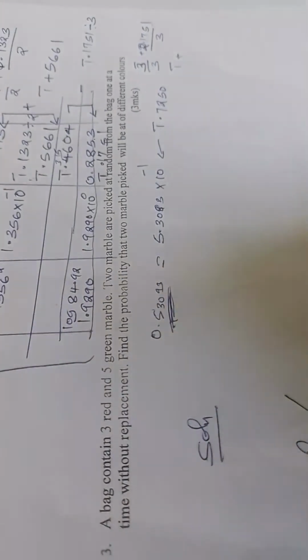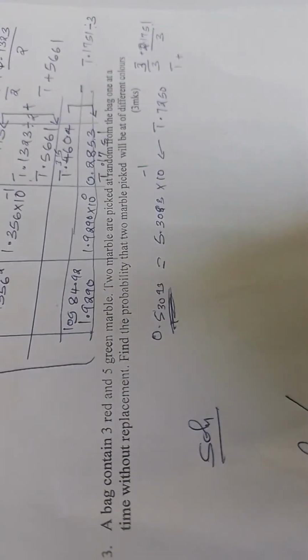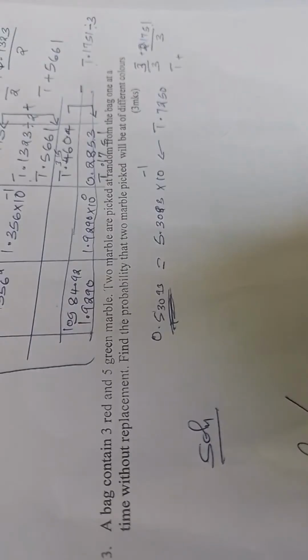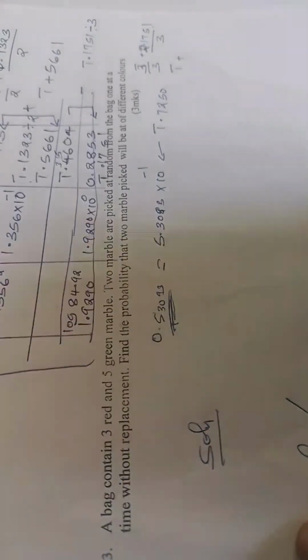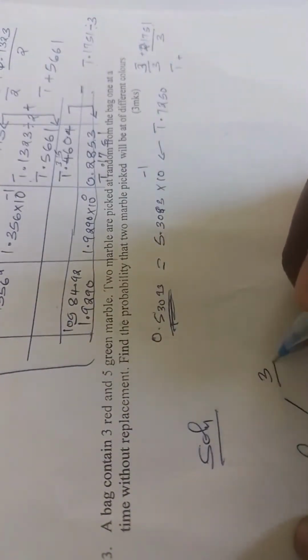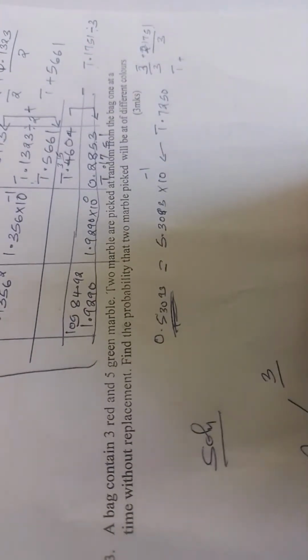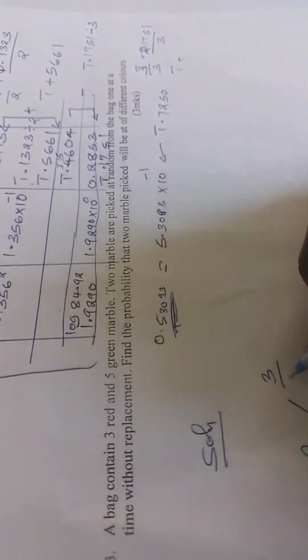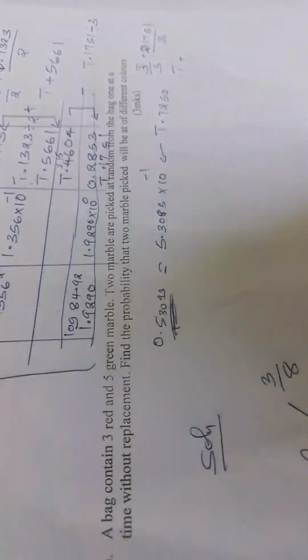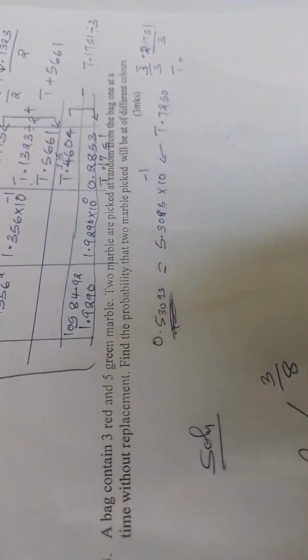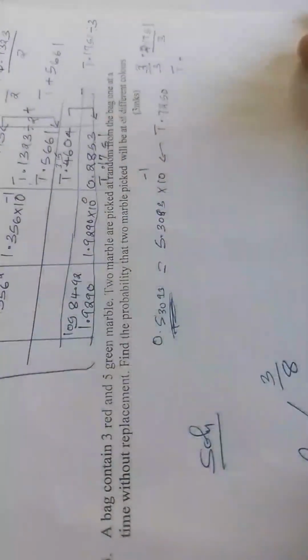Now, when he goes for the first round, the probability of getting the red ball will be 3 over the total. Because we have 3 red balls in that bag, the probability of getting a red ball will be 3 over 8. The probability of getting a green ball will be 5 over 8.